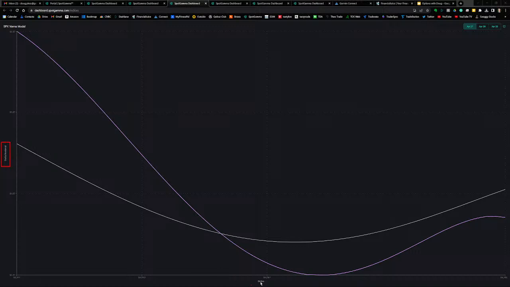So the delta notional is shown on the vertical axis. The strike price or price is shown on the horizontal axis. And remember, market makers want to remain delta neutral. So what this is showing is how market makers' delta notional changes with changes in price only. That's shown by the light gray line.